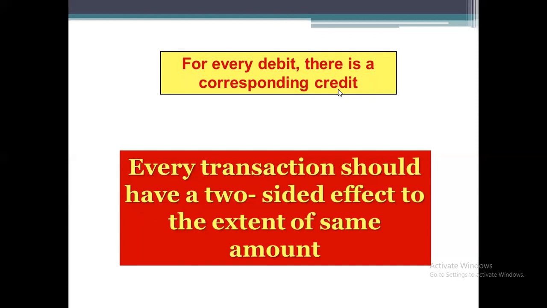There can't be any transaction which would be one-sided. Whatever software you talk about, starting from as simple as Tally, Wings, Focus, to the big software which we work on, all are built on this concept of dual aspect, where if you put any debit, then that software will not accept unless you put another credit entry, right?